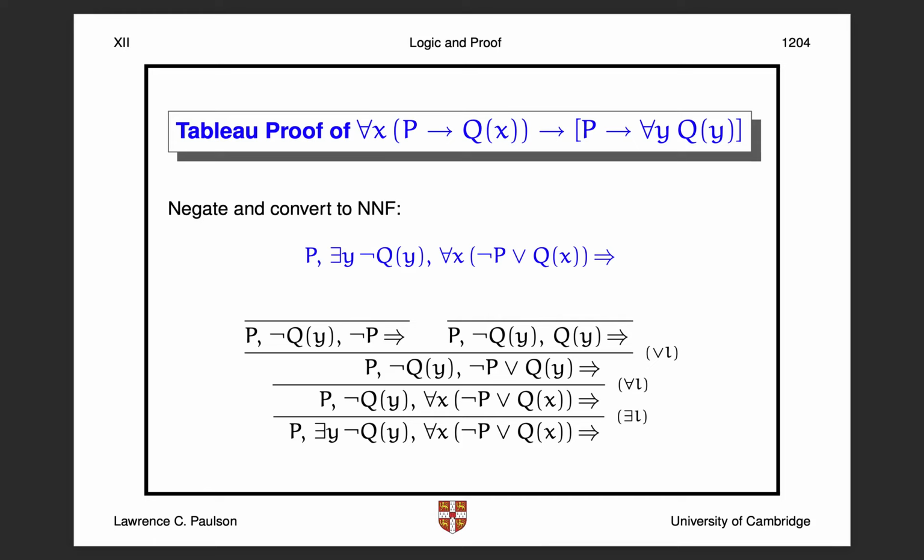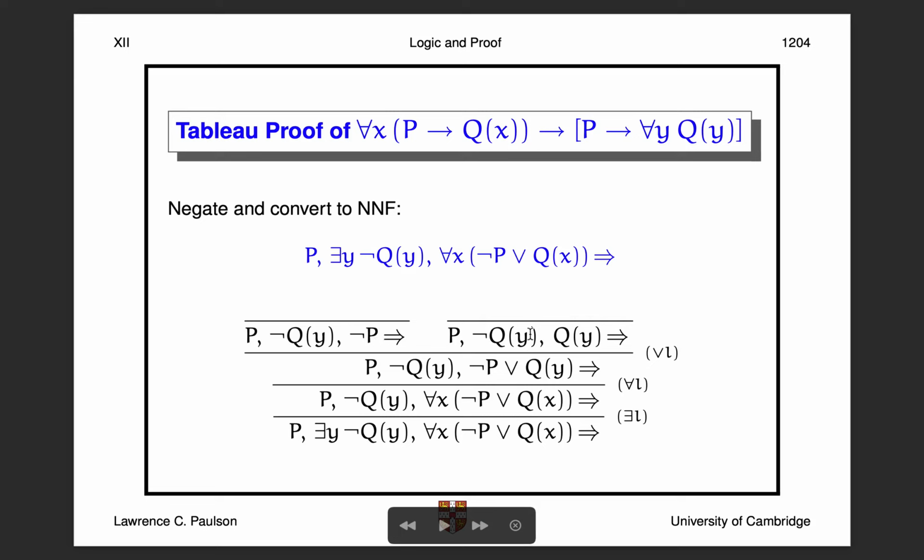Now we only have one connective left that we can do anything with. That's the universal quantifier. We finally have a plausible term to substitute for it, namely y. So we do that. Now we have not p or q of y. And the final step here will be to do or on the left, which is the only thing we can do here, really.